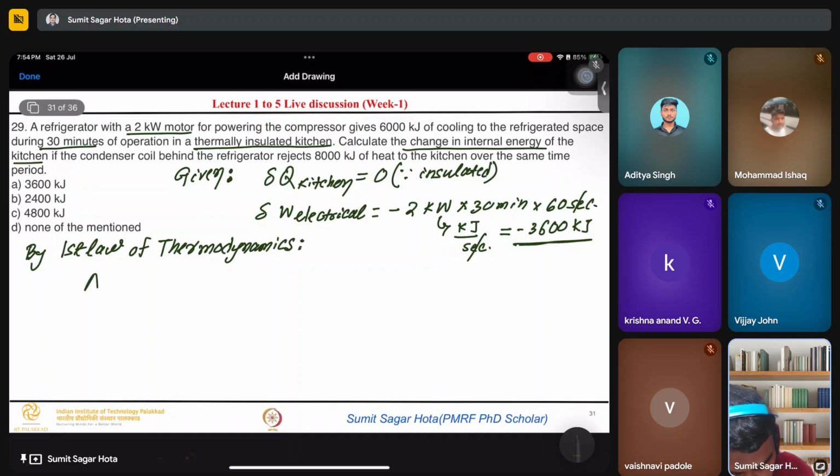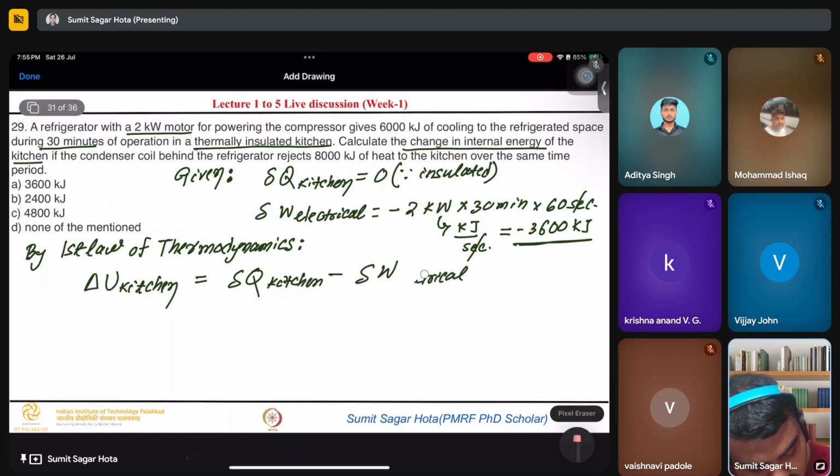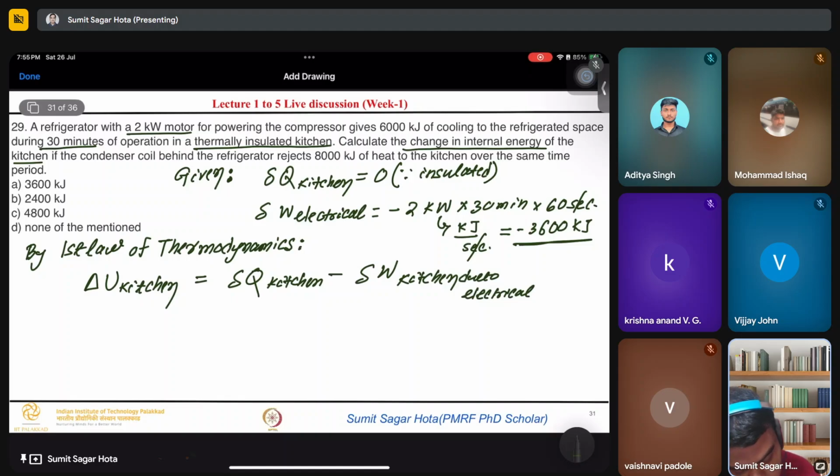So delta U of system is equal to delta Q of system minus delta W of the system, due to electrical appliances.